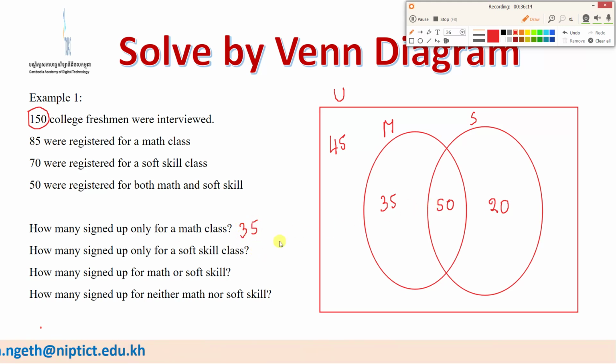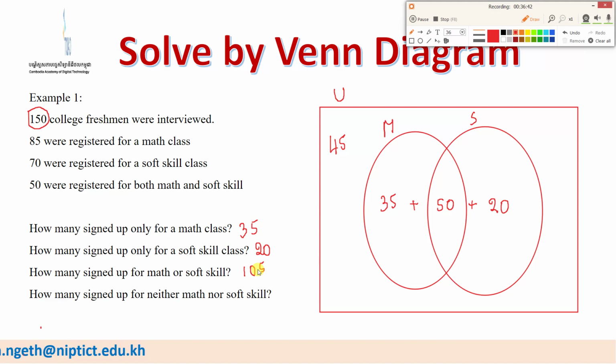The sign up only of soft skill class is 20. How many sign up for math or soft skill? Math or soft skill, it is math or soft skill. So we can take this one plus this one and plus this one. So it is 105. This is the sign up for math or soft skill.